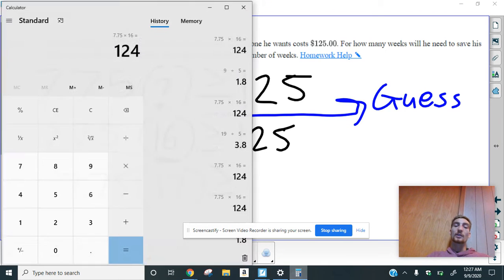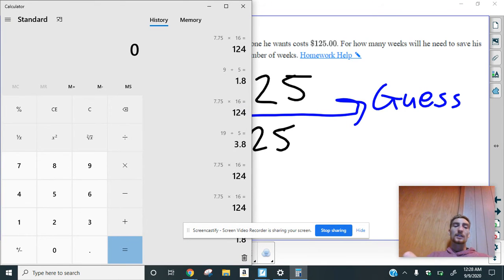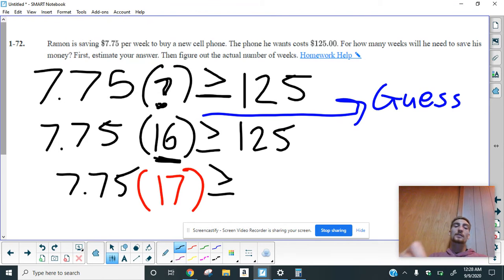And here, if we take out our calculator, that should give us 131.75. Let's check. 17 multiplied by 7.75. And there we go, $131.75, which is in fact greater than 125.